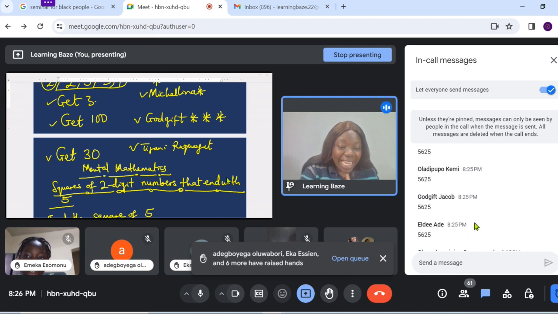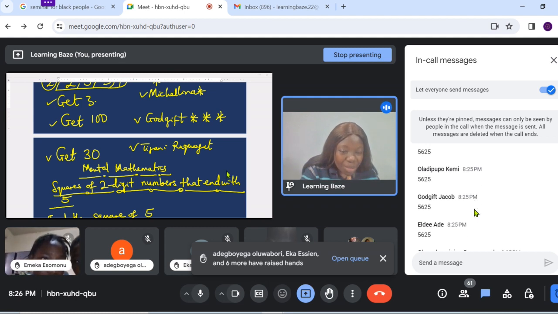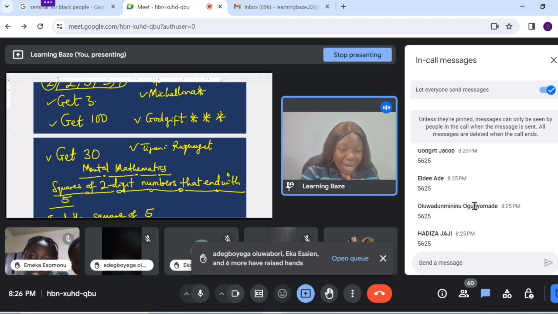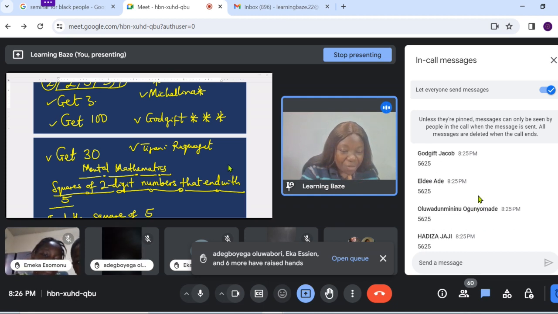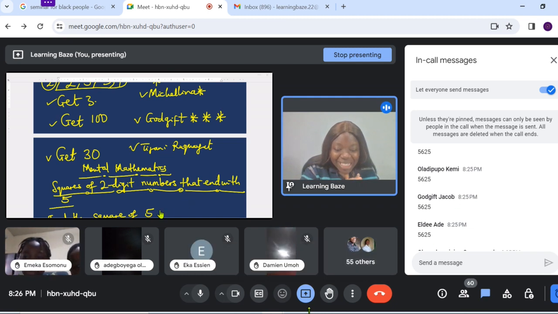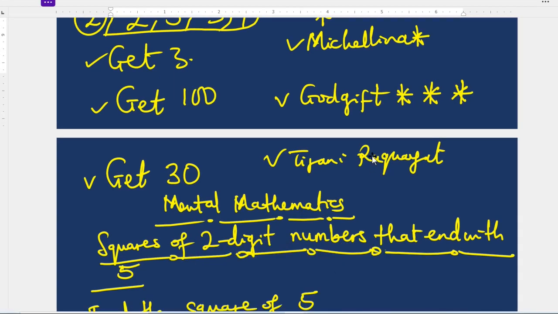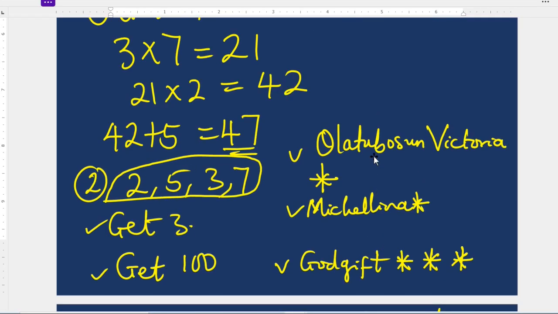Wow. God gift. Anulika, Oladipupo Kemi, God gift, then followed by Eldora. Eldora would have taken the 3rd, but she was not fast enough. Oh my God. So you're getting double stars. Wow.